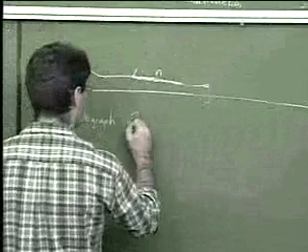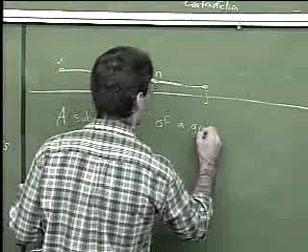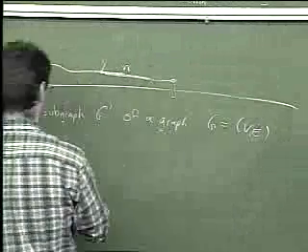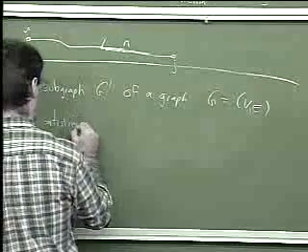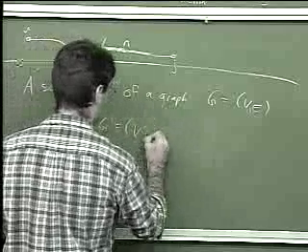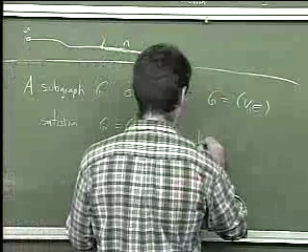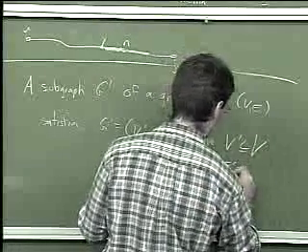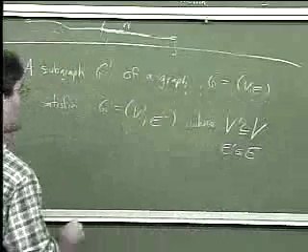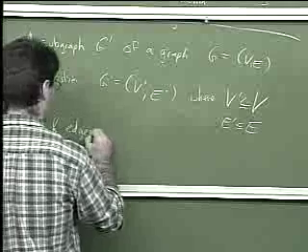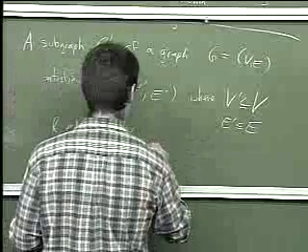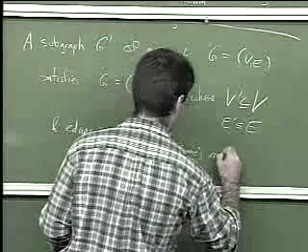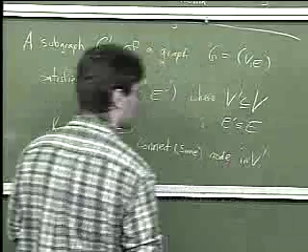A subgraph G prime of a graph G satisfies: G prime equals (V prime, E prime), where V prime is a subset of V, maybe equal, and E prime is a subset of E, and edges in E prime connect nodes in V prime.